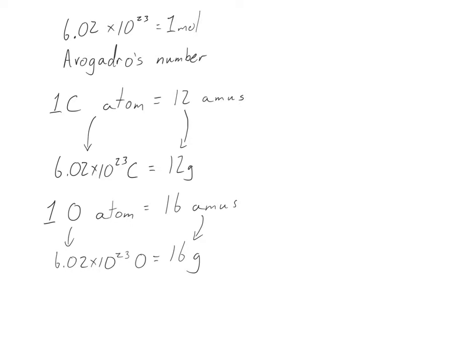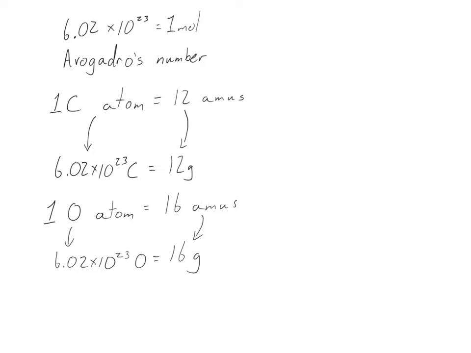So keep in mind, when we have a count of things like 6.02 times 10 to the 23rd, it doesn't have one set mass. It really depends on what the thing, the atom, is that you're looking at. Is it a big atom? If it's a big atom, then having 6.02 times 10 to the 23rd will give you a big mass. So there isn't a fixed mass for a mole's worth of anything. It just depends on how big the atom is that you're dealing with.